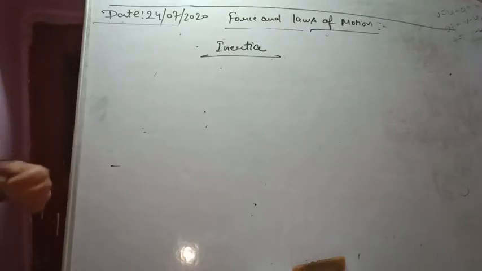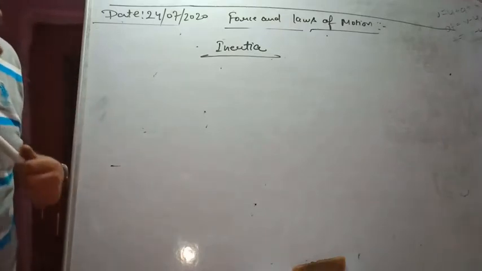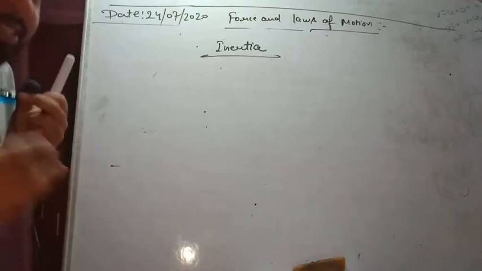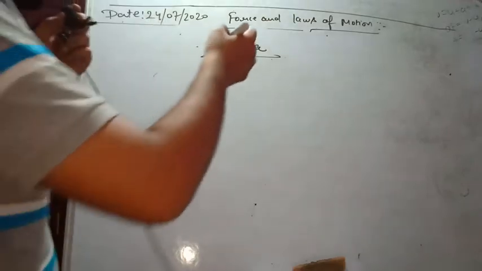So inertia is the property of the body by virtue of which it resists the change in its position, size, direction as well. It might be difficult to catch all the terms together, so I am going to write it.